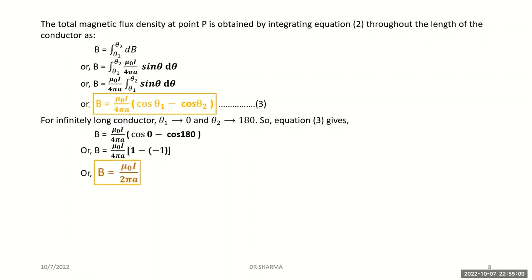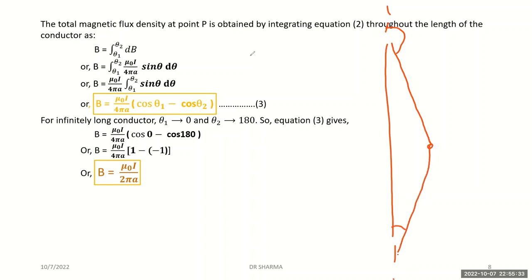This is for a very long, infinitely long conductor. That means if the conductor is infinitely long, one angle will tend to decrease and the other angle will tend to increase, so we use that limit.